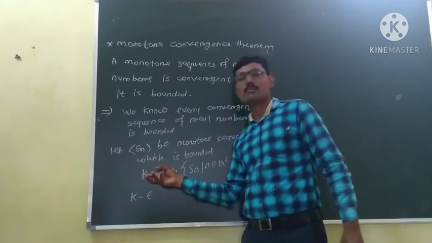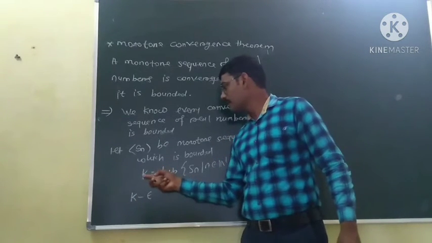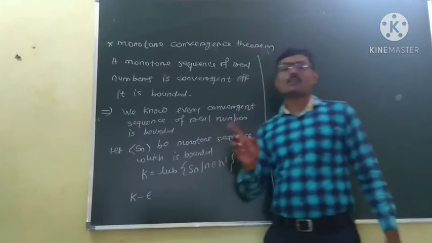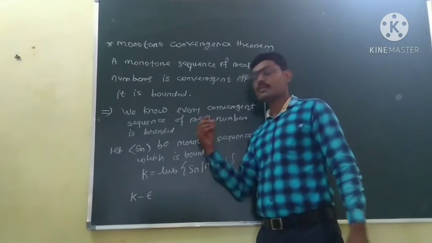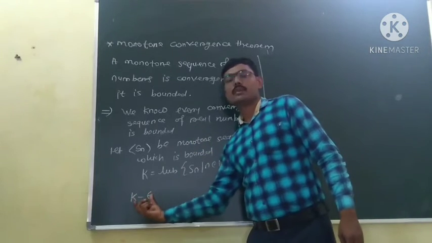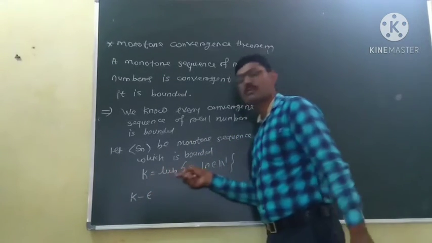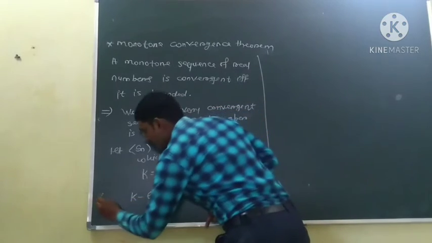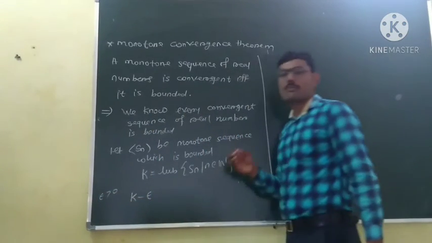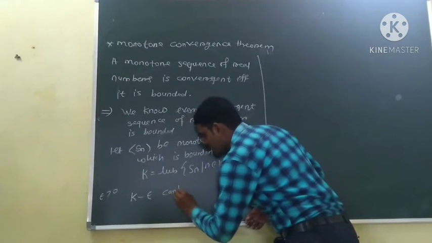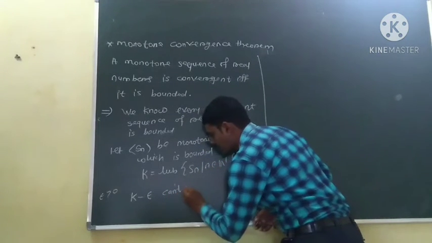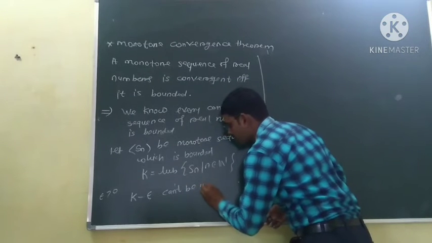Since K is the least upper bound, any number less than K, so K minus epsilon, cannot be an upper bound. So we can find an element of the sequence which is greater than this number. Since K is the least upper bound, K minus epsilon, where epsilon is a small number greater than 0, cannot be an upper bound.